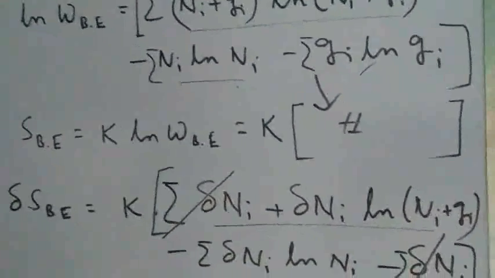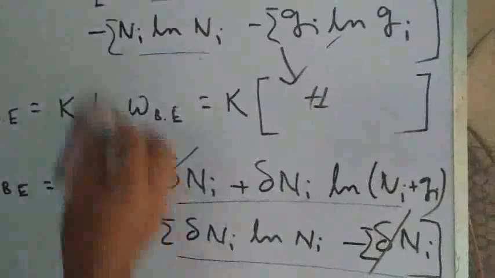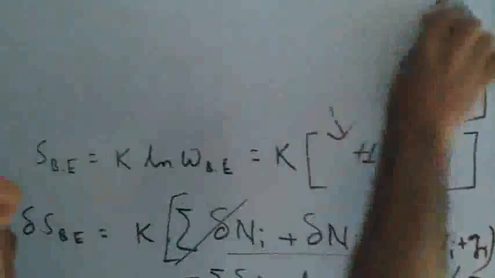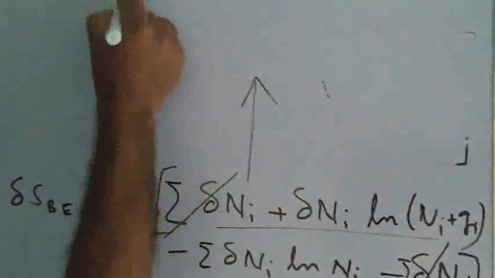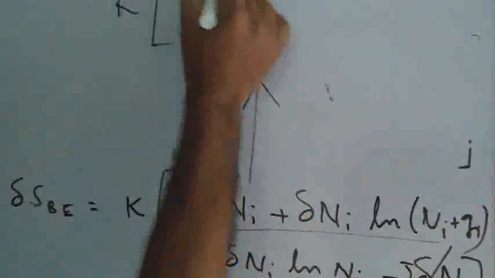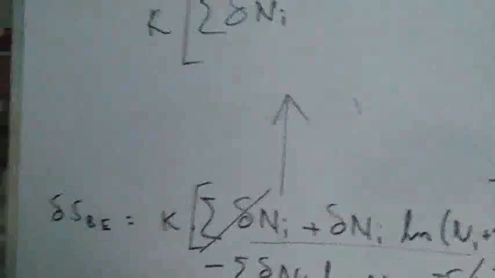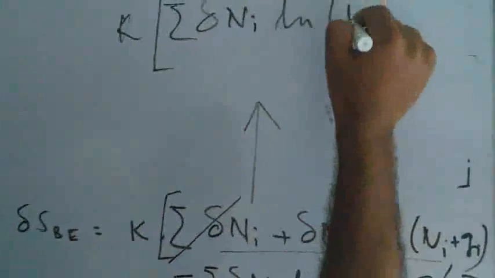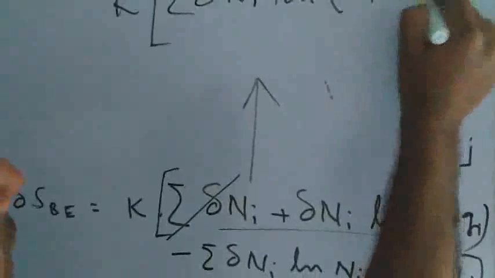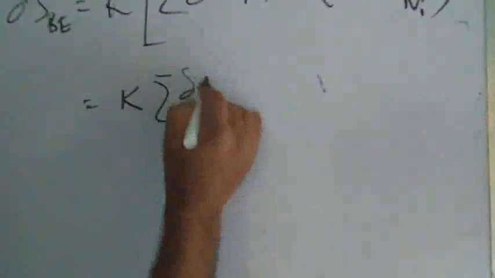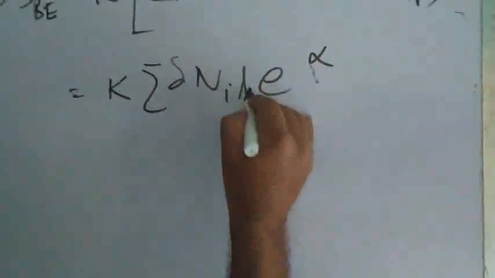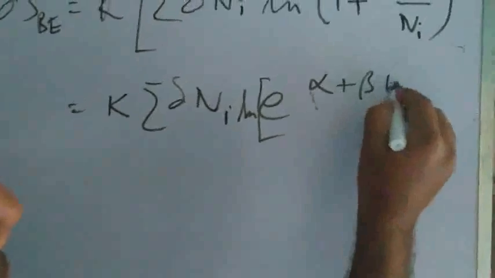So we get delta S equals K times the sum of delta ni ln (1 plus gi by ni), which equals K times delta ni times ln of e to the power alpha plus beta Ei.